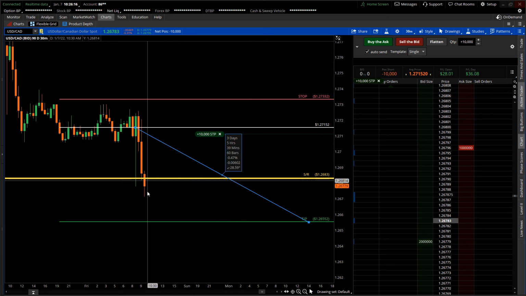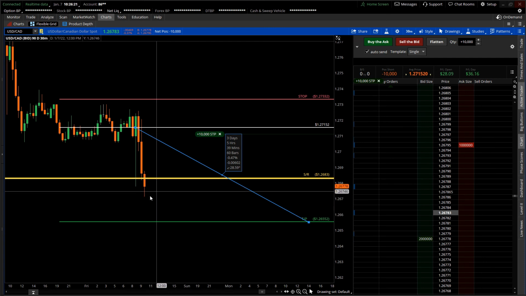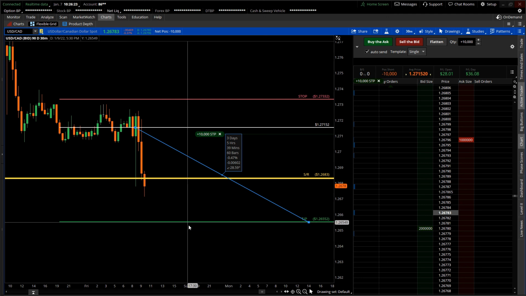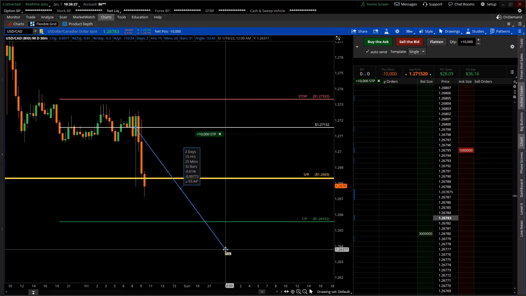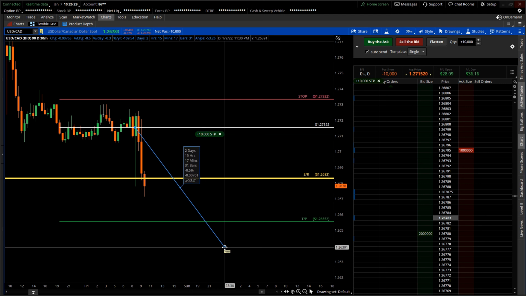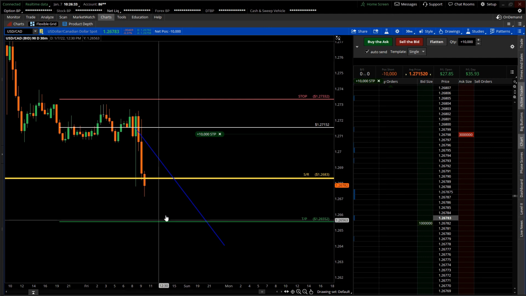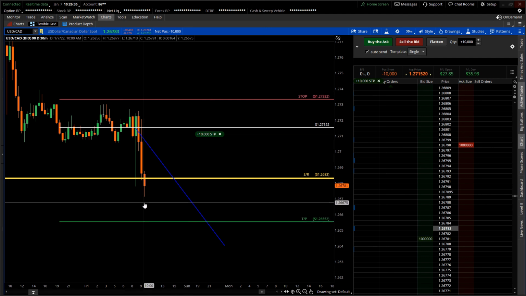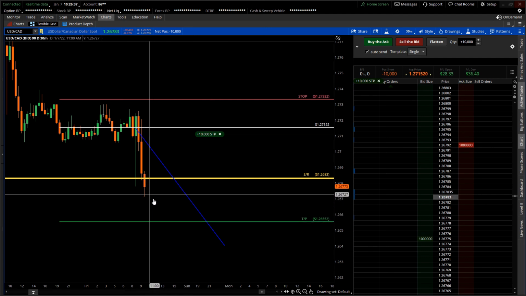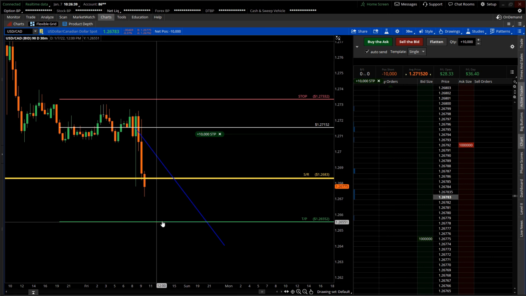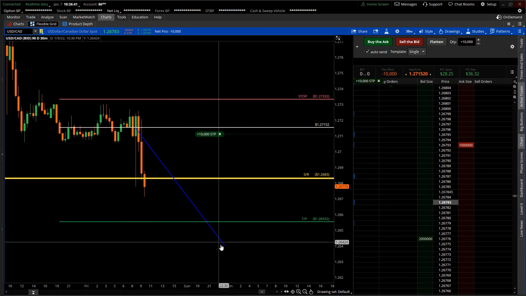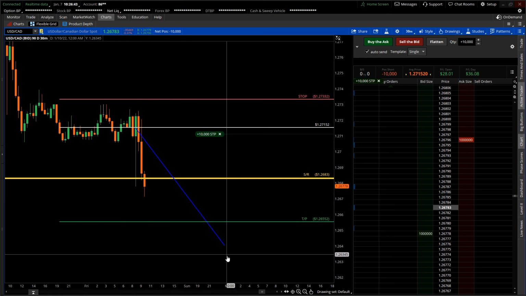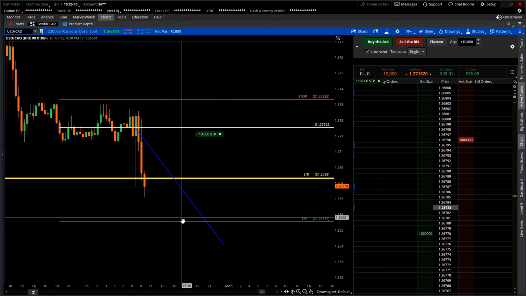If I see a strong continuation below this support level, then I'll probably walk my take profit down to 75 pips, which is about right here. Again, it depends on what price action is showing. If I see a stronger push, then I'll eventually start walking it even further, but I don't want to get ahead of myself.